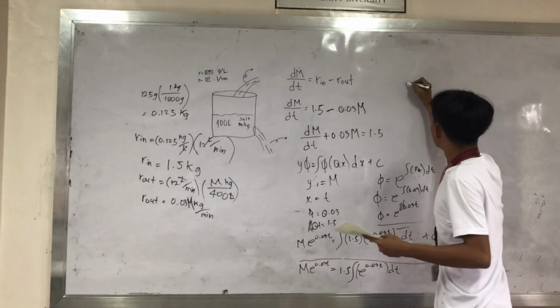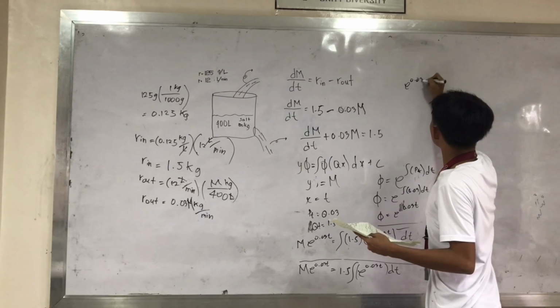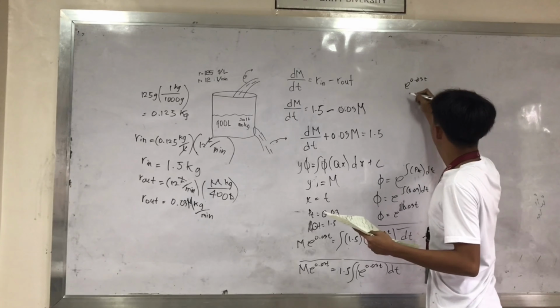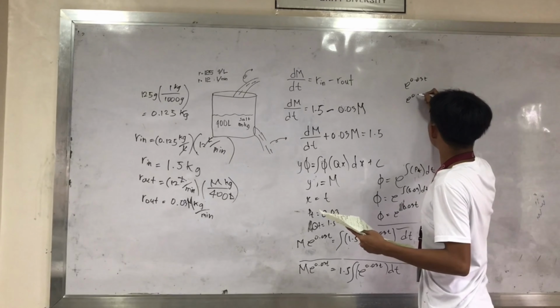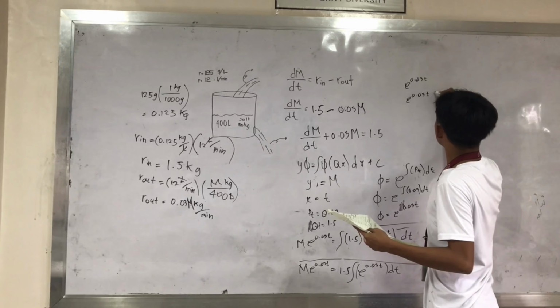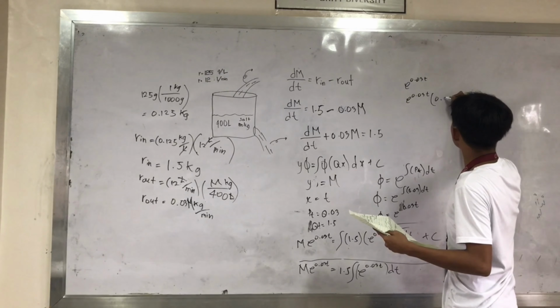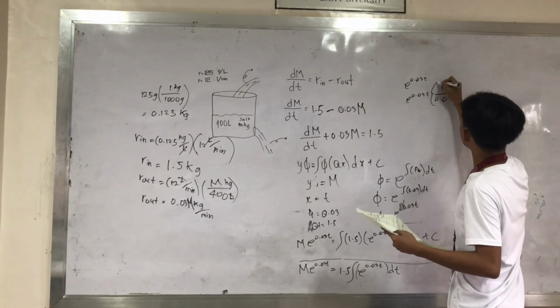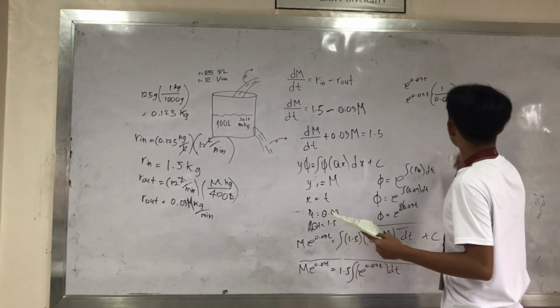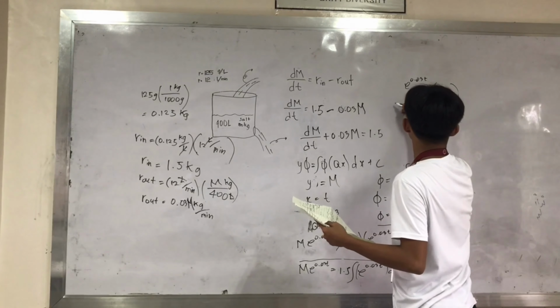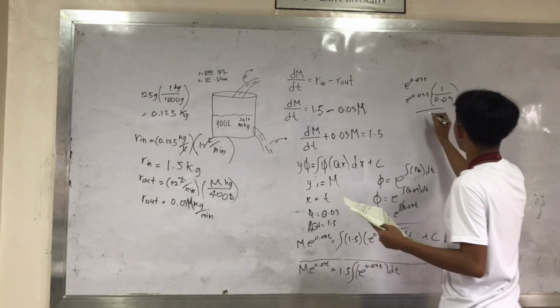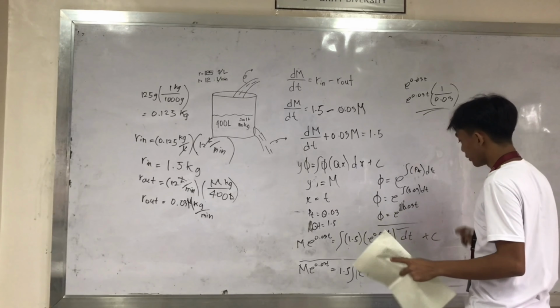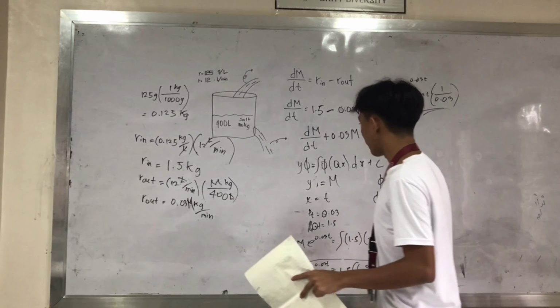Integration for e raised to 0.03t is copy the 0.03t times 0.1 over 0.03. This is the integration of e raised to 0.03t.